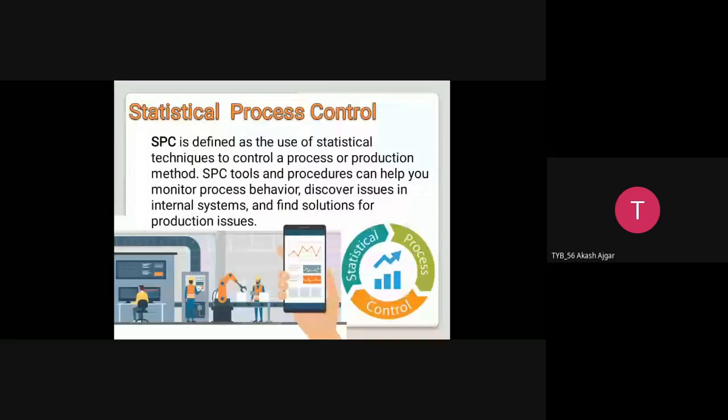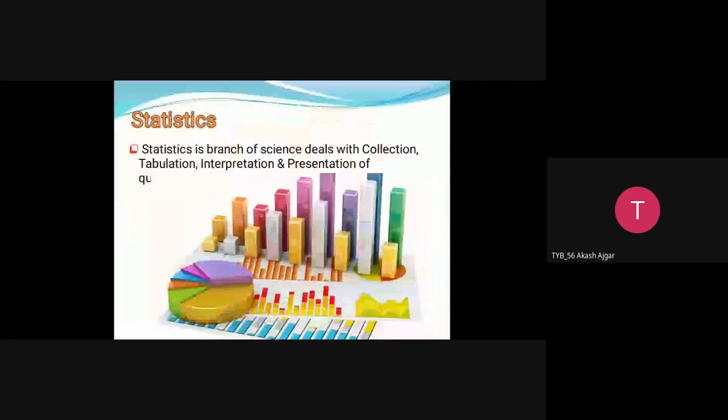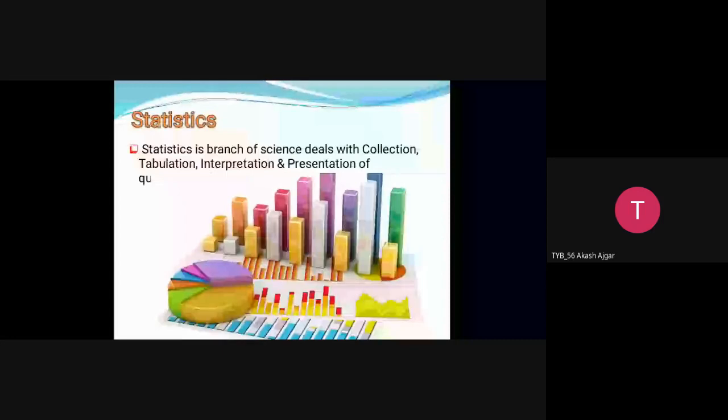Okay, statistics means what? We have heard of statistical process control. In that, what is meant by statistics? Statistics is a branch of science that deals with the collection, tabulation, interpretation, and presentation of data.